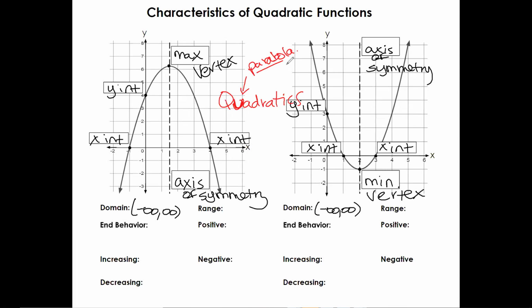Now, range is our y values. So what's our lowest y value on this guy? Well, it goes down to negative infinity. And then my highest y value goes to 6. My range for this one is -1 to positive infinity.